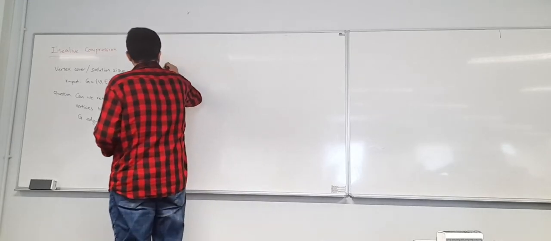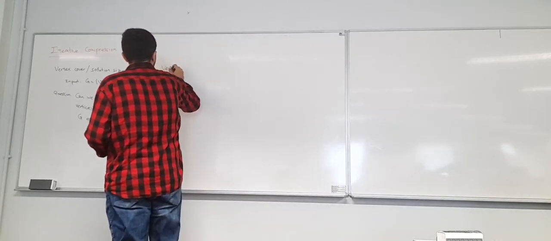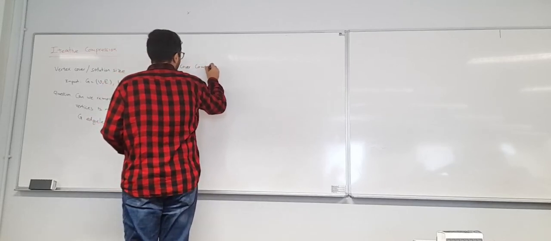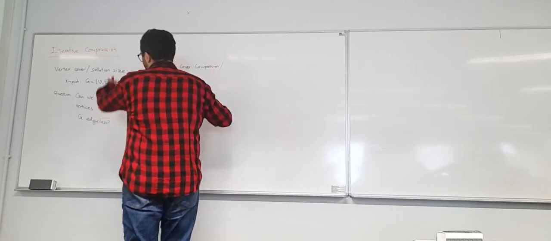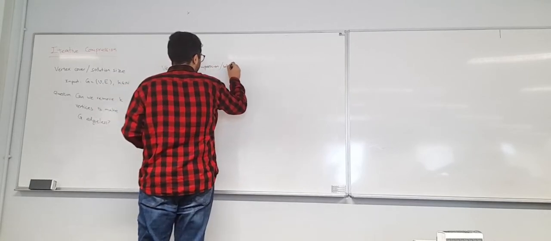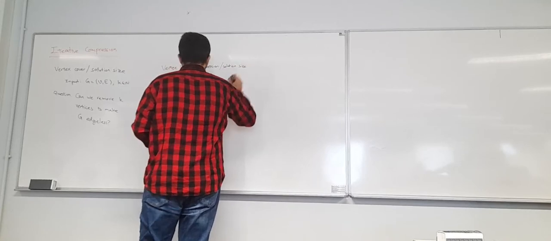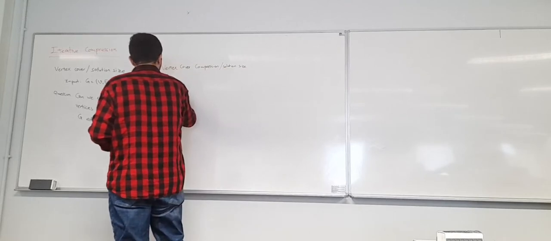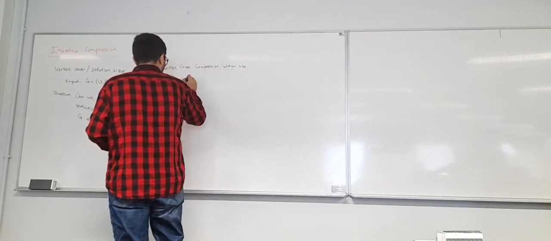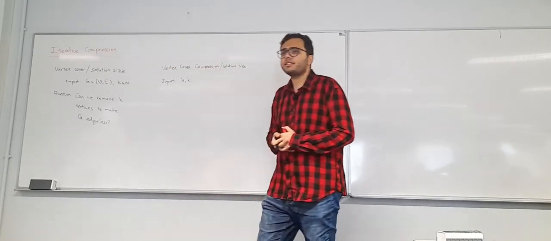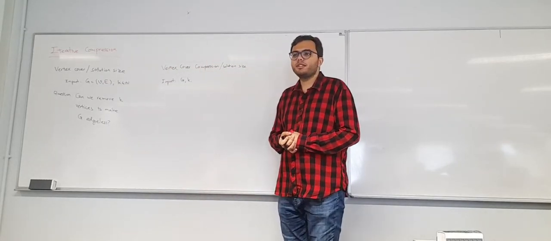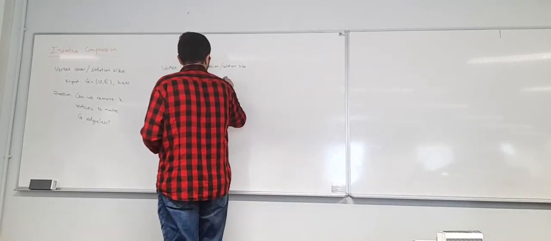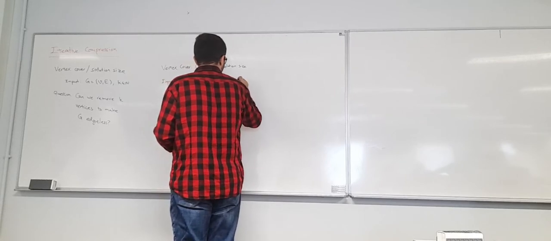I'm going to define it here. So let's call it vertex cover compression. And again, this is parameterized by solution size. Now, in this one, the input is everything that we had before. So I have G, I have K, but I also get a vertex cover, let's call it S, of size K plus 1.